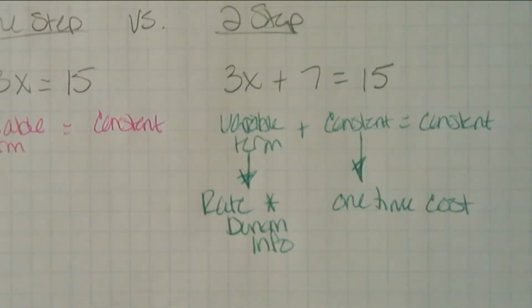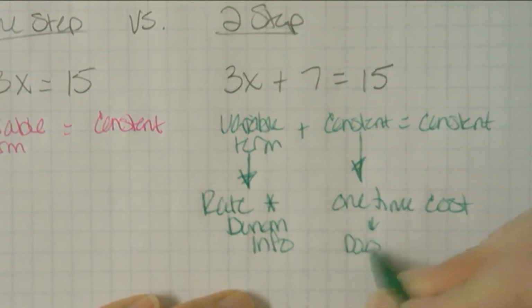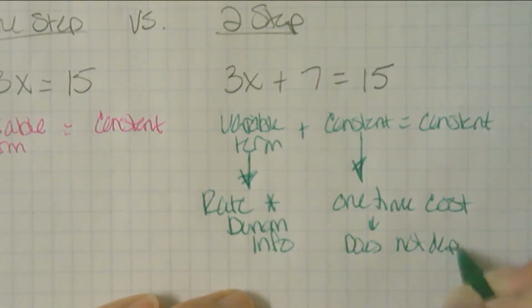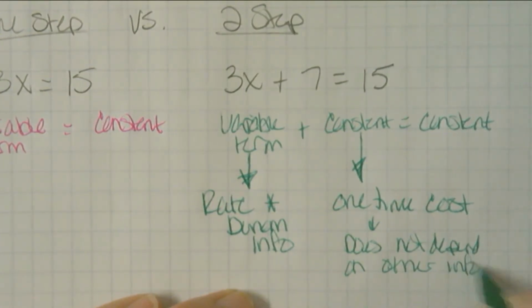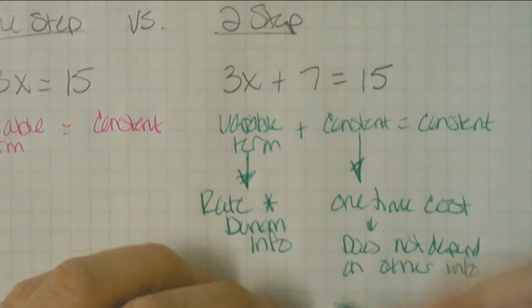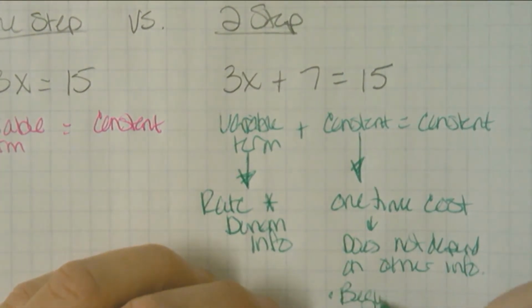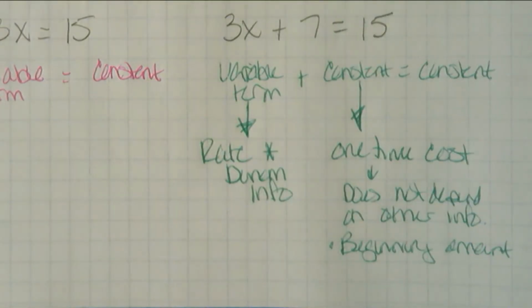It does not depend on any other information. It's a one-time fee, a beginning amount of something. So from a story problem standpoint, that's what we're looking for. Can you guys see that?